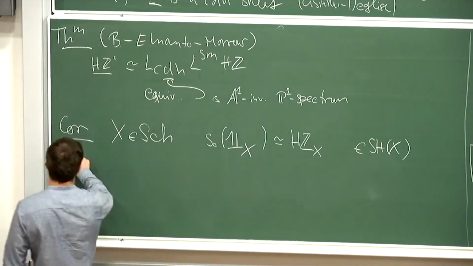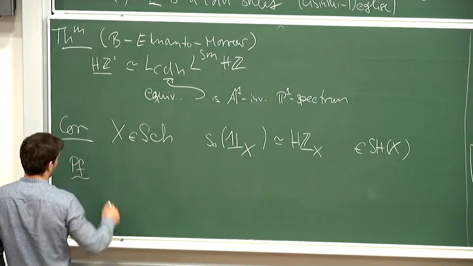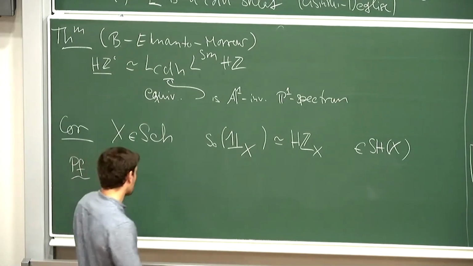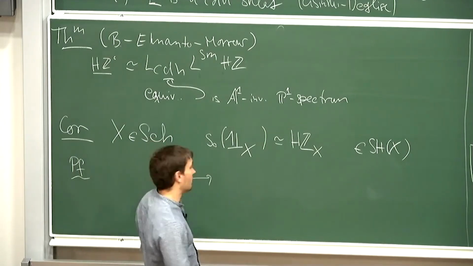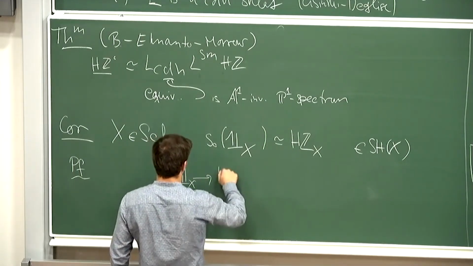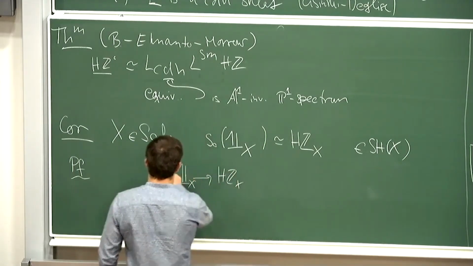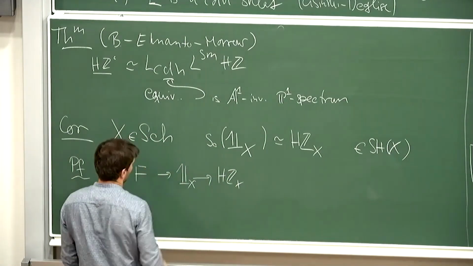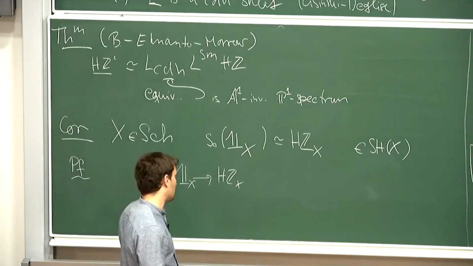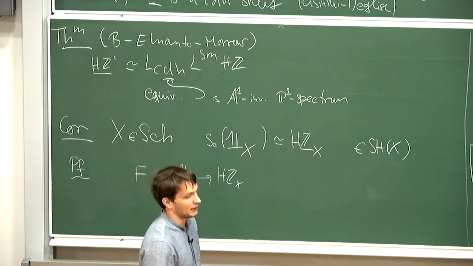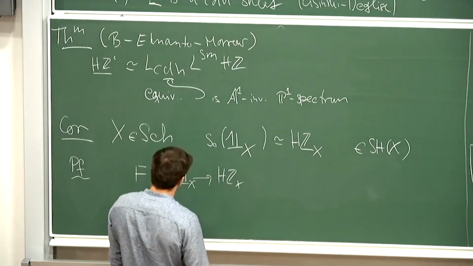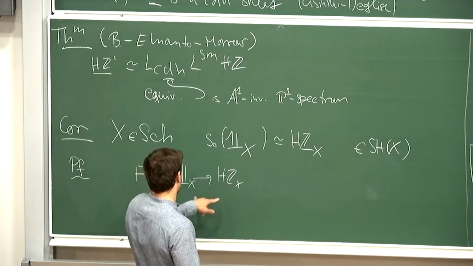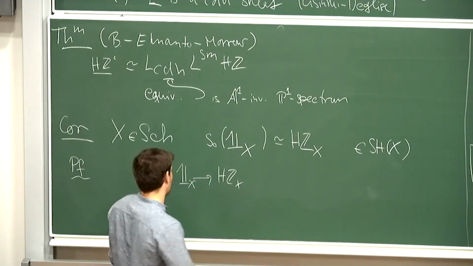So let me quickly sketch the ideas of this proof. So what you do is you look at, this HZ guy is a particular ring spectrum, so there's a canonical unit map. And then there's some fiber here. And notice that everything that we do is stable under base change, basically by definition. And so what's going to happen is that this HZ and this 1, they are effective spectra.